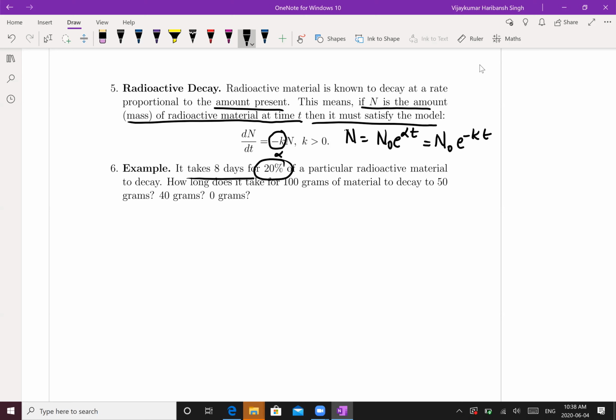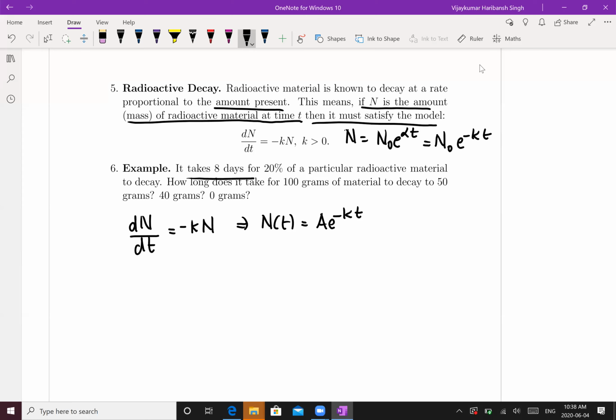Since we are talking about radioactive decay, it will follow the equation dn by dt is minus kn. This implies n of t equals a e to the power minus kt, where a is some constant.